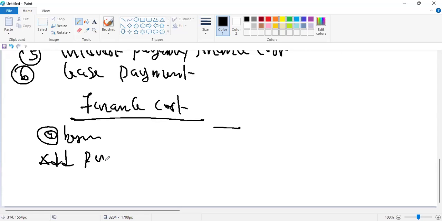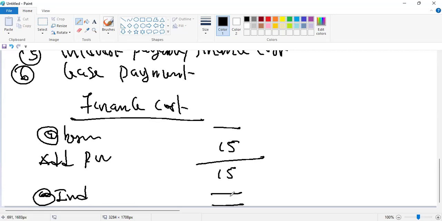Add P or L, what they put at the end. Finance cost at the end, the debenture interest, 10. That's all.